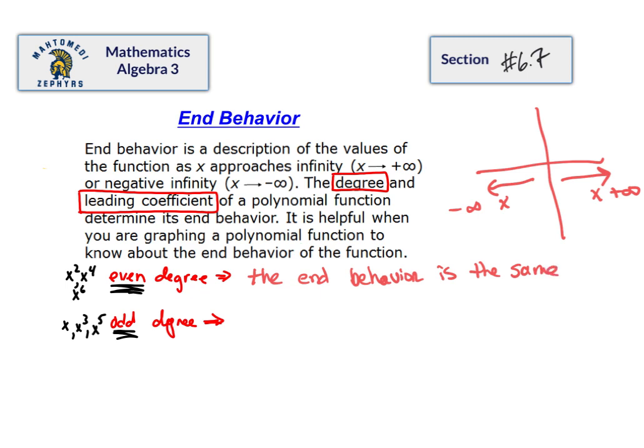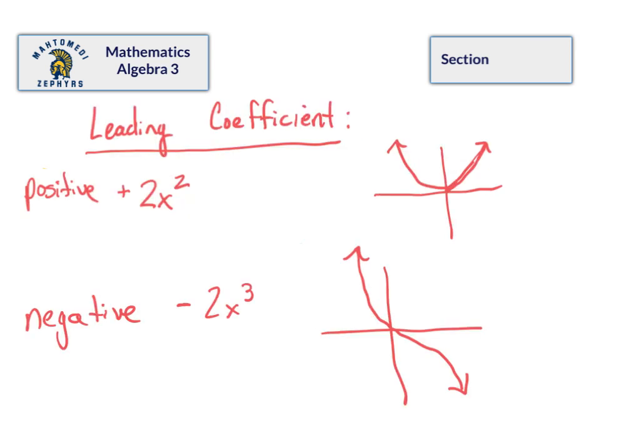And in an odd degree function, the end behavior is opposite. All right, so the degree tells us how the two sides of the graph behave, either the same or opposite. The leading coefficient can tell us which direction the right side of the graph goes.